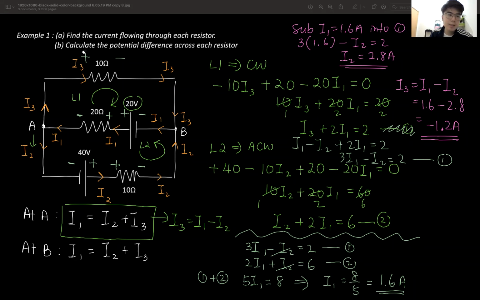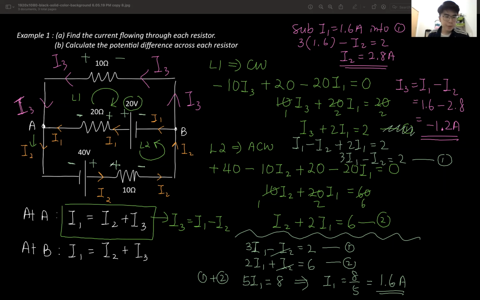Actually, this one is supposed to be pointing downward. You look at the I3, they are all clockwise, right? So now I change it to anti-clockwise. So this is the actual direction, 1.2 ampere.